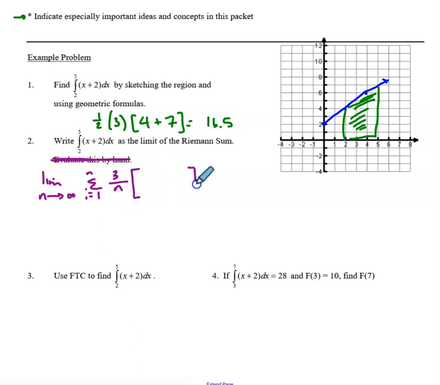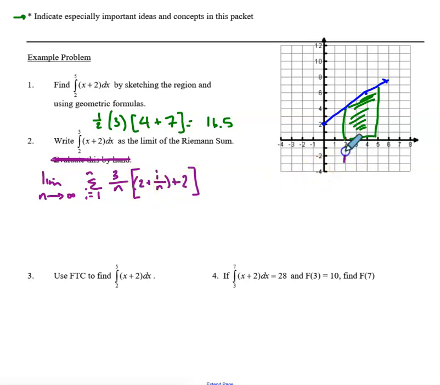And then the height of each rectangle is going to be this x plus 2, but recall that for x, what we have to plug in is the lower limit of integration, which is 2, plus 3 times i divided by n. And remember that what this does is it gives you the numbered rectangle divided by all of the rectangles added to the lower limit of integration.